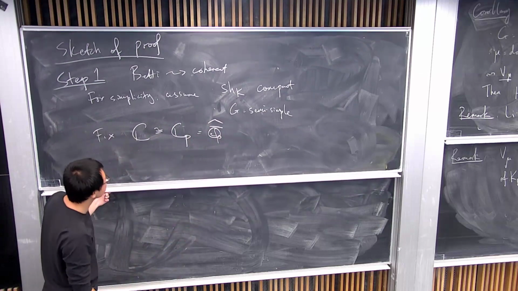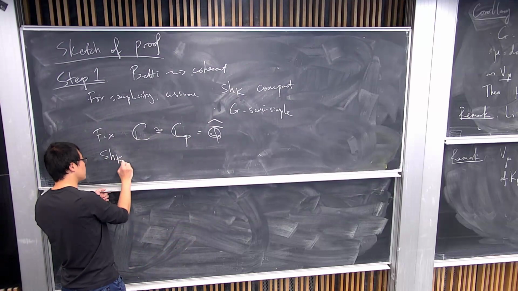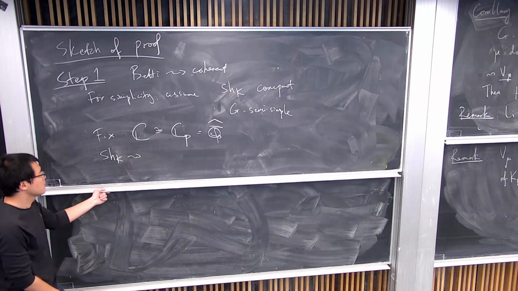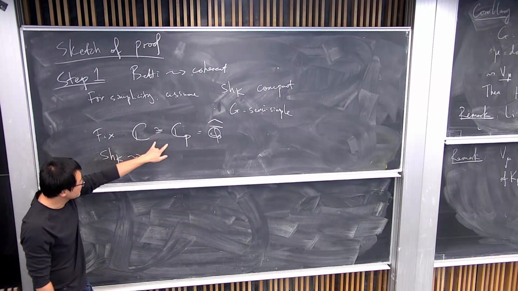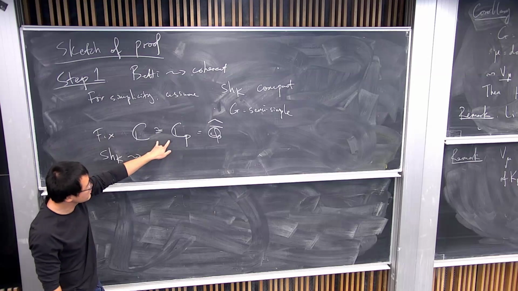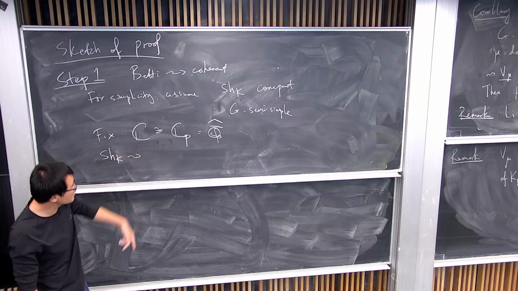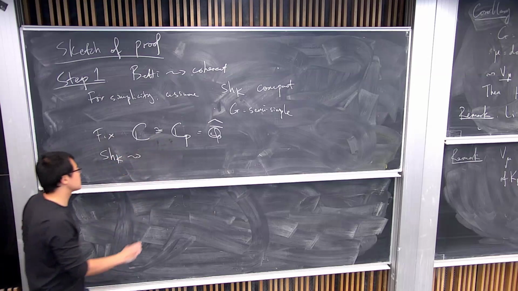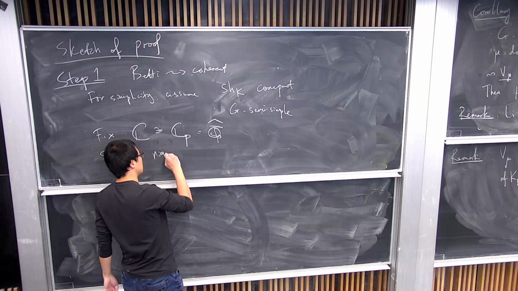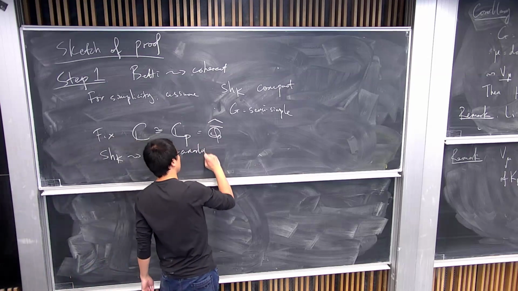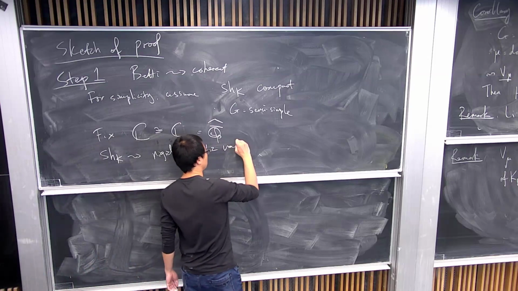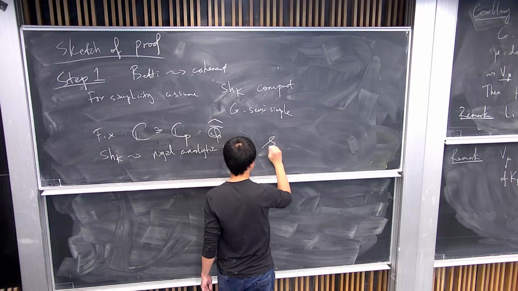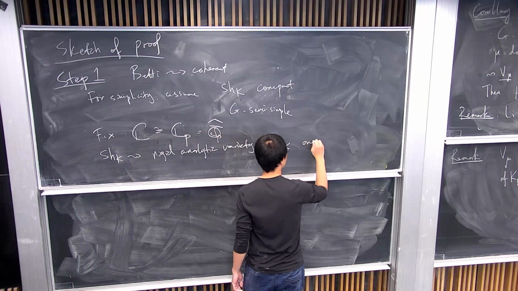In particular, my Shimura variety, after this identification, I get an algebraic variety over C_p, then I can moreover view it as a rigid analytic space.